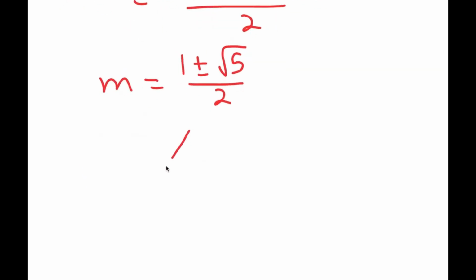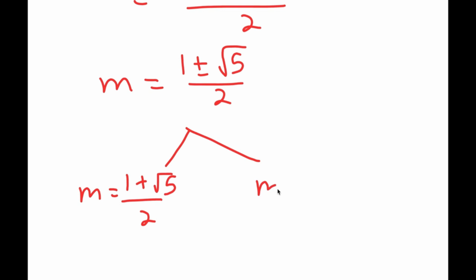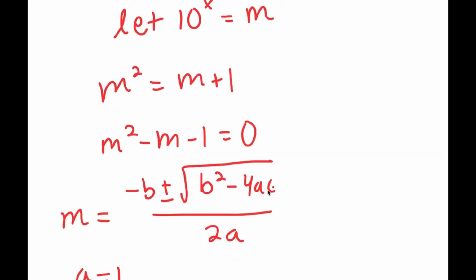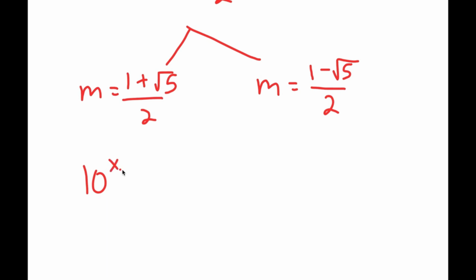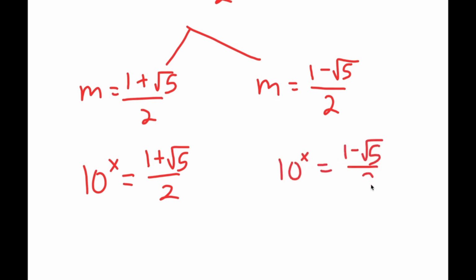And to be precise, the two values of m are 1 plus the square root of 5 over 2 and 1 minus the square root of 5 over 2. Now, remember how we let m equal 10 to the power of x. So 10 to the power of x is equal to 1 plus the square root of 5 over 2, and 10 to the power of x is also equal to 1 minus the square root of 5 over 2.